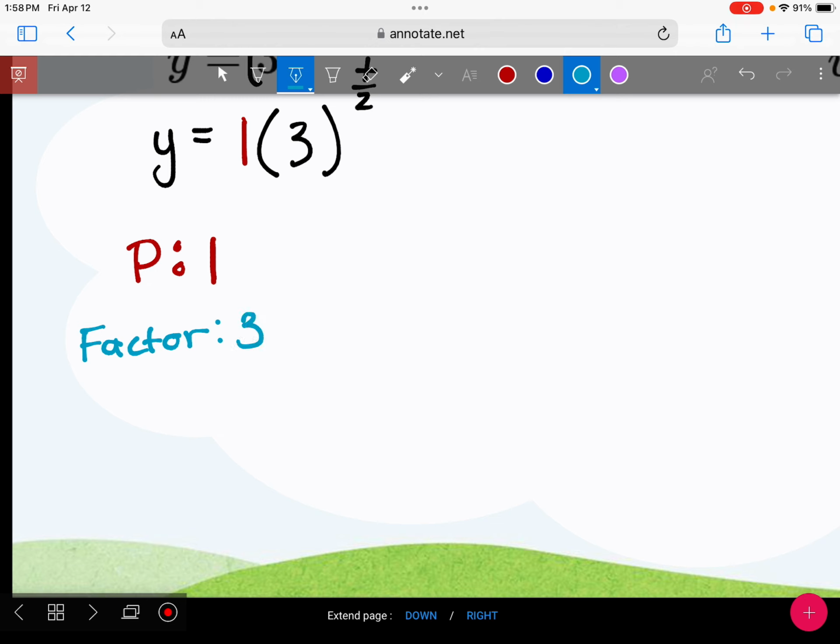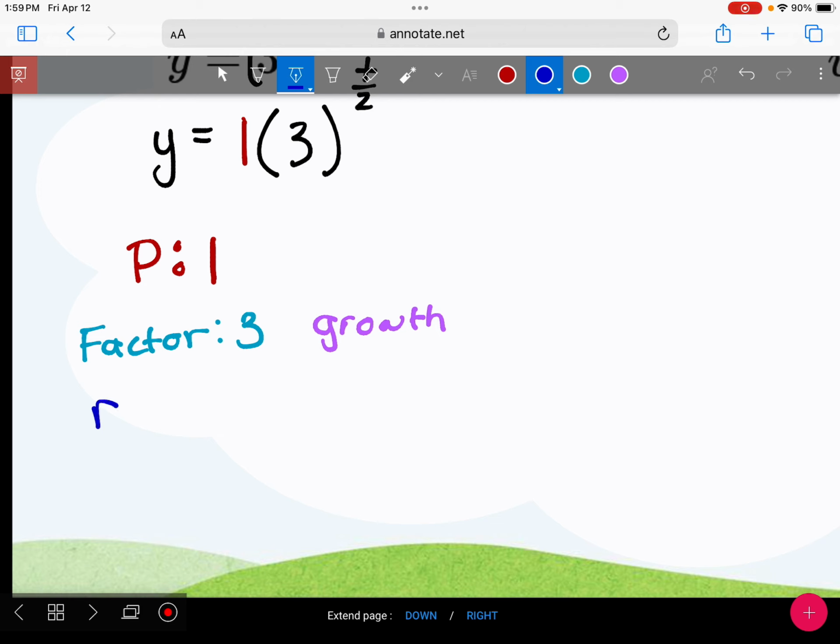So is this growth or decay? It's growth, because my growth factor is bigger than 1, so we know it's growth. Hard one on this one. What's my rate? 220? Or is it 200? It's 200%. Because it's 1 plus what gives me 3? 1 plus 2 gives me 3.